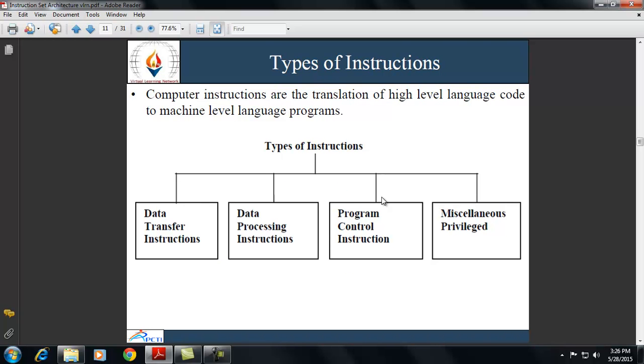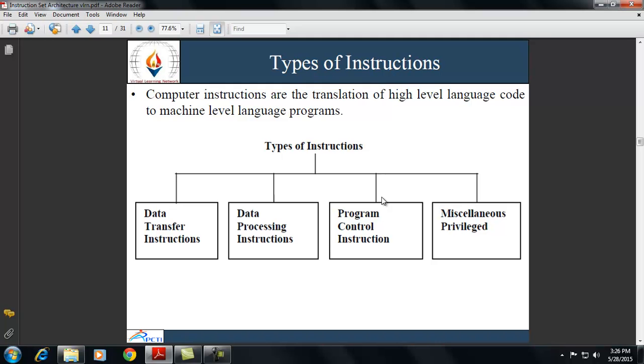Now, after discussing the types of operand, the next is types of instructions. Instructions can be data transfer instructions, data processing instructions, program control instructions, or miscellaneous privileged instructions.